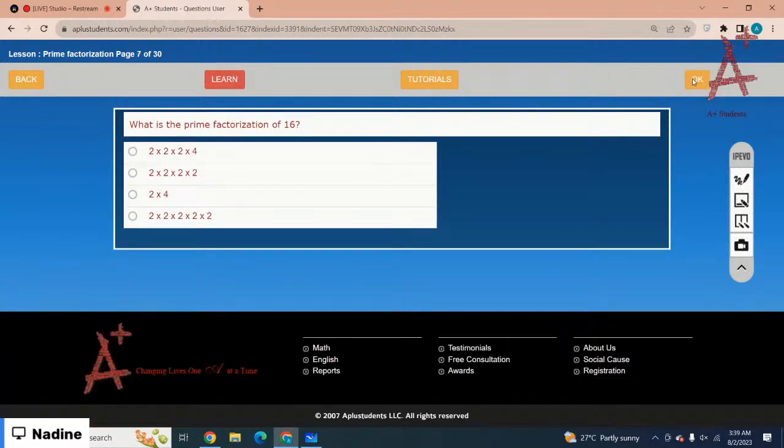What is the prime factorization of 16? The prime factorization of 16 is 2 times 2 times 2 times 2. The second option is the correct option.